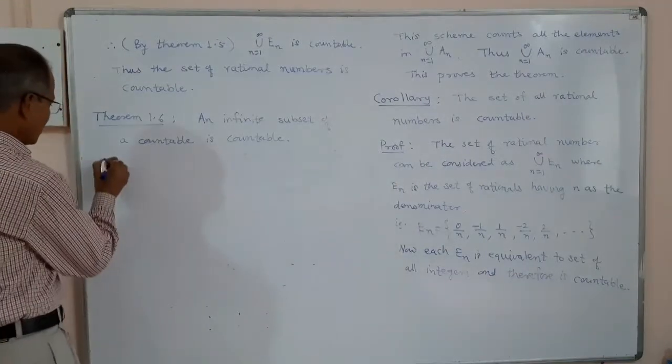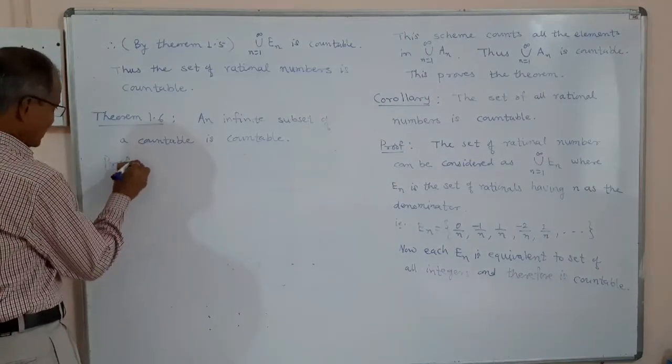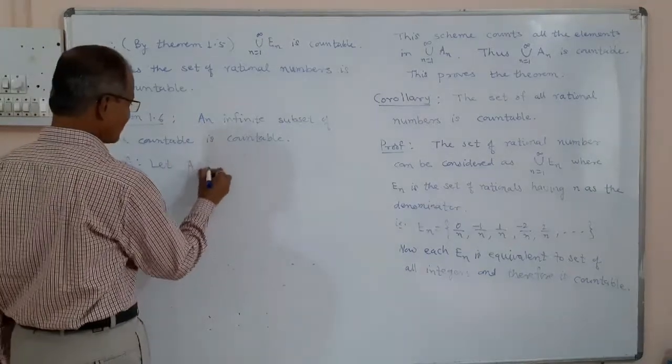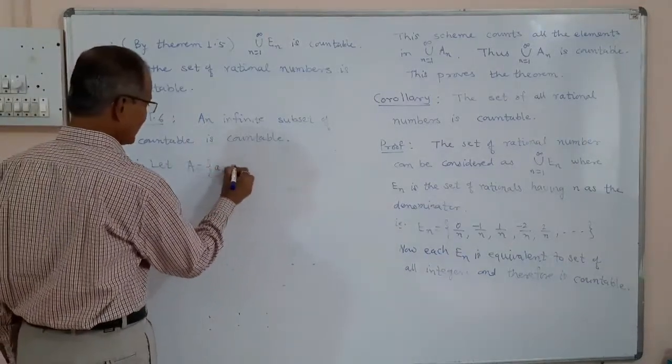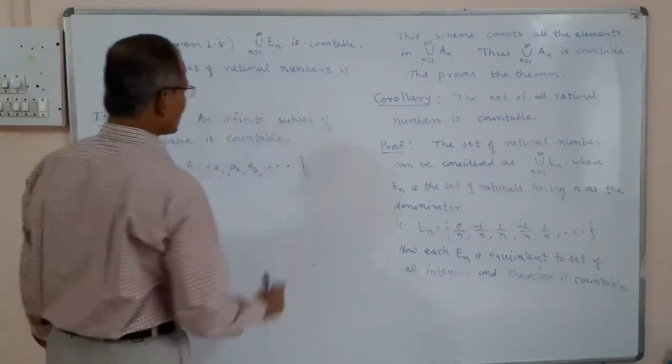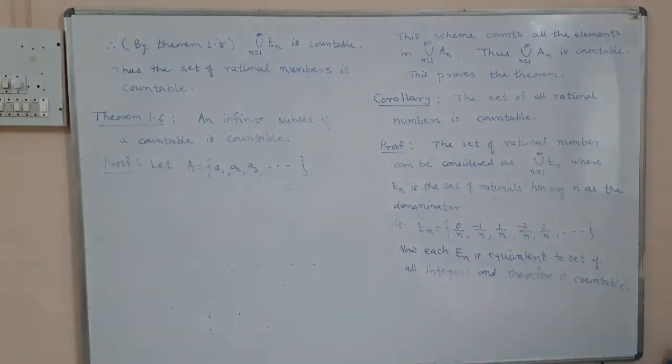Now the proof is, let A equal A1, A2, A3 and so on be an infinite set. It is countable.